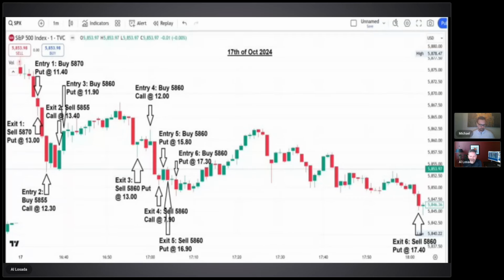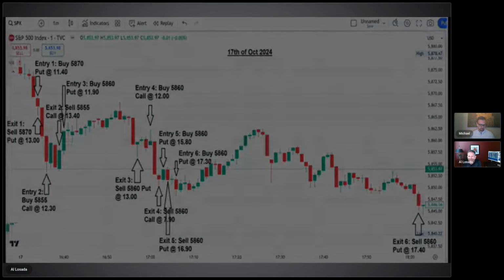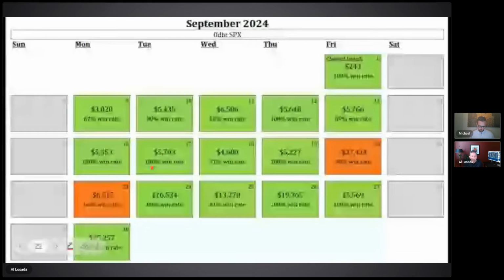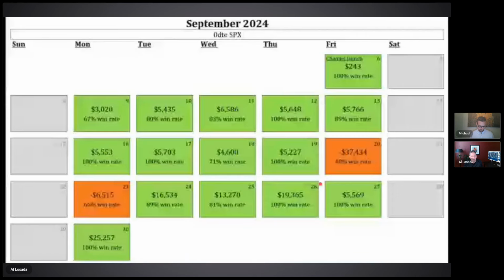Michael. Sure. So this is the September prop P&L basically for Michael and what he did. And you can see here he's looking at many times around 5,000 daily, basically, except when he loses and then he comes back with a vengeance and makes it up.